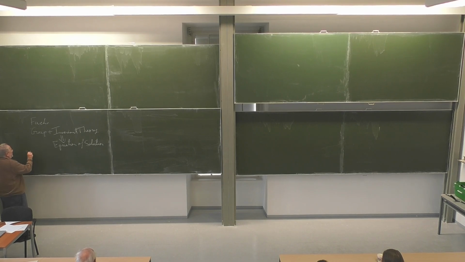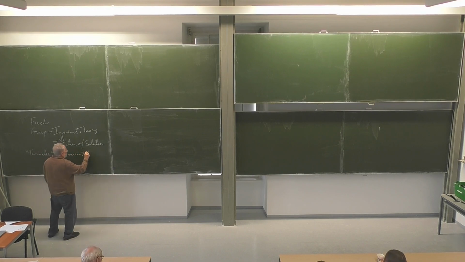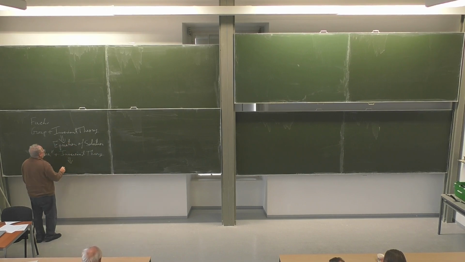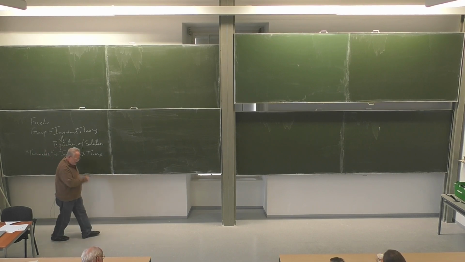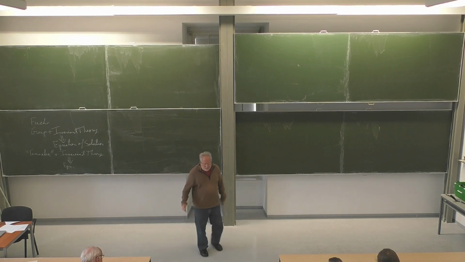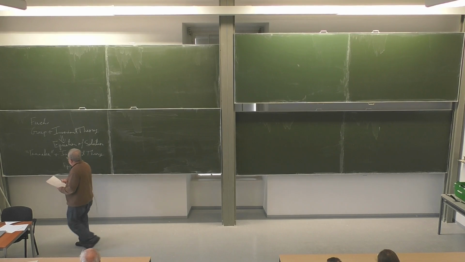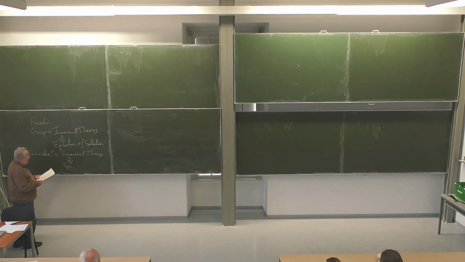So I'm going to replace Fuchs by Tanaka plus, that is, gives the equation. I'll explain what I mean. So this theory that I'm going to describe is the following idea.